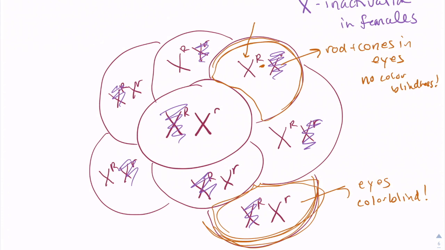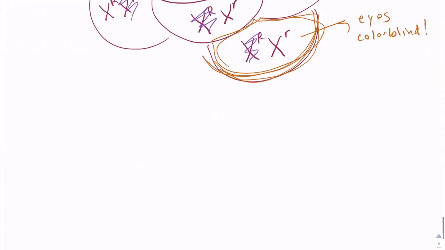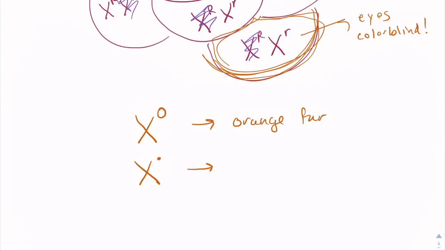But in females that have one X chromosome with a dominant allele will cause a cat to have orange fur. There is a recessive version, and I'll just draw it like a little dot, causes it to have, basically, black fur.